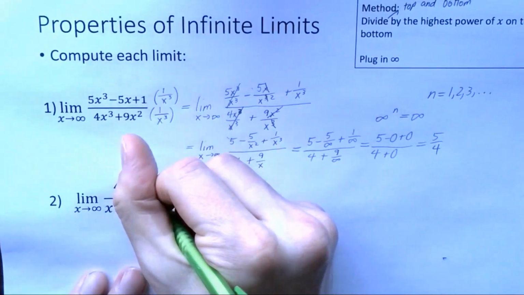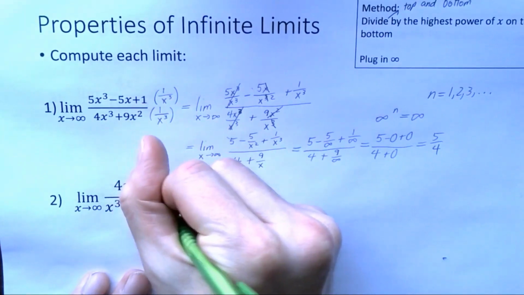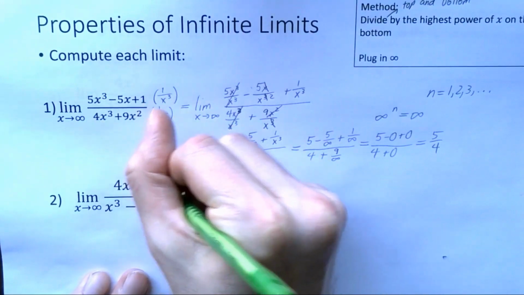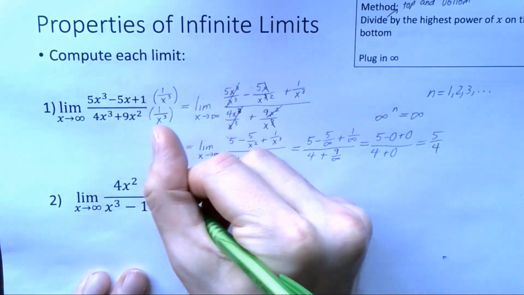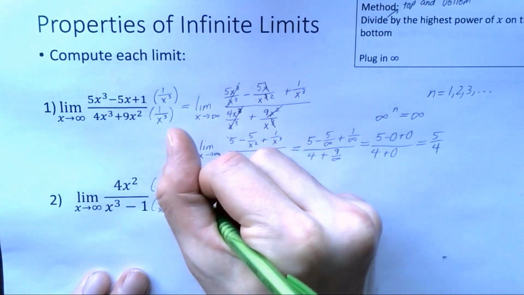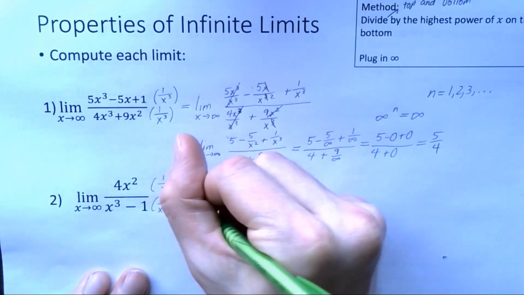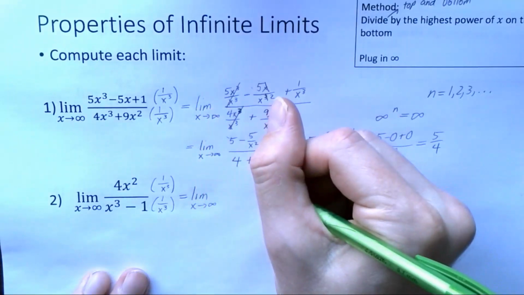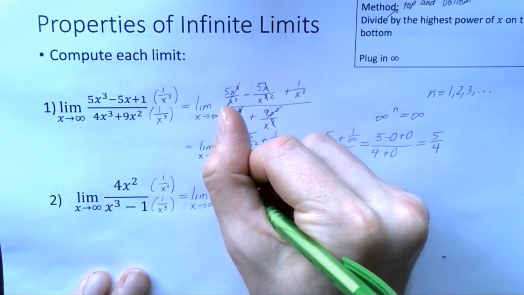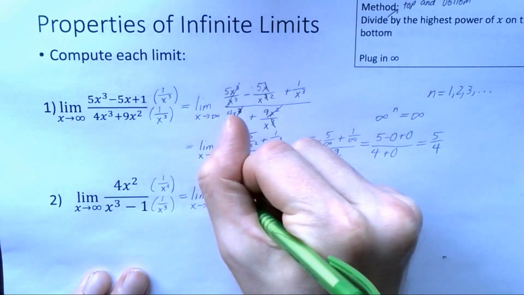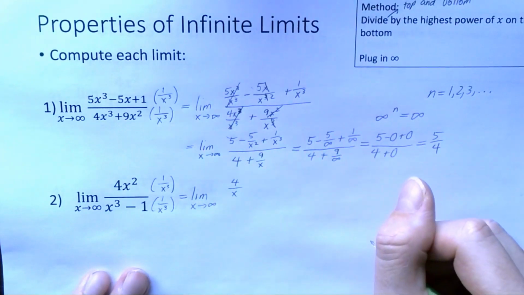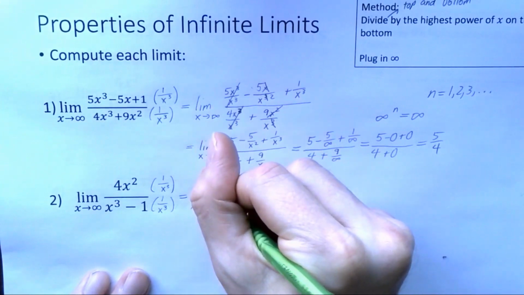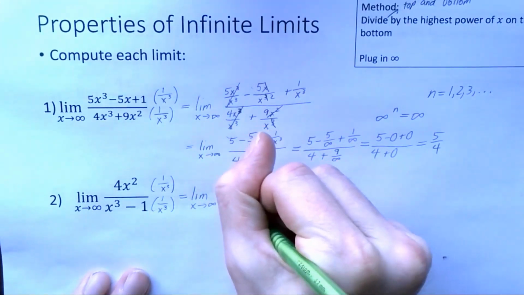So we multiply again by 1 over x to the third on the bottom and on the top. This gives us the limit as x approaches infinity, and the top is going to become 4 over x, because two of the 3 x's cancel. The bottom is going to become 1 minus 1 over x to the third.